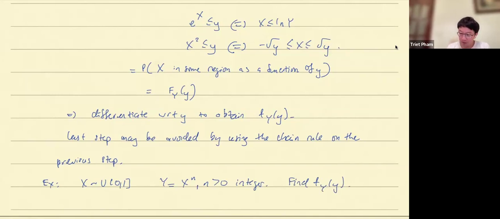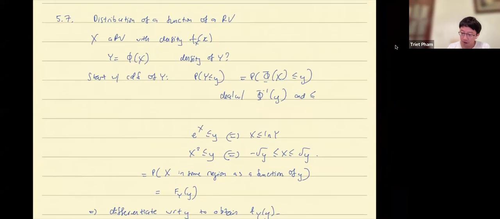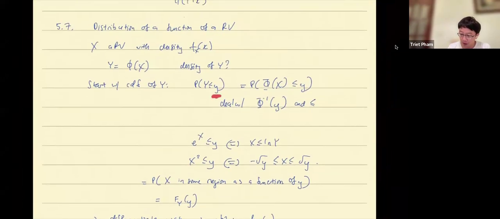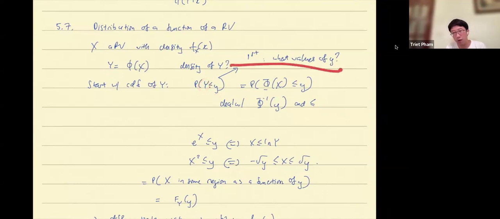So maybe I forgot one thing here, but when you look at little y here, you probably want to do the first step to see what values of little y. In other words, you're looking at the support of the random variable big Y. Why should you think of that to begin with?